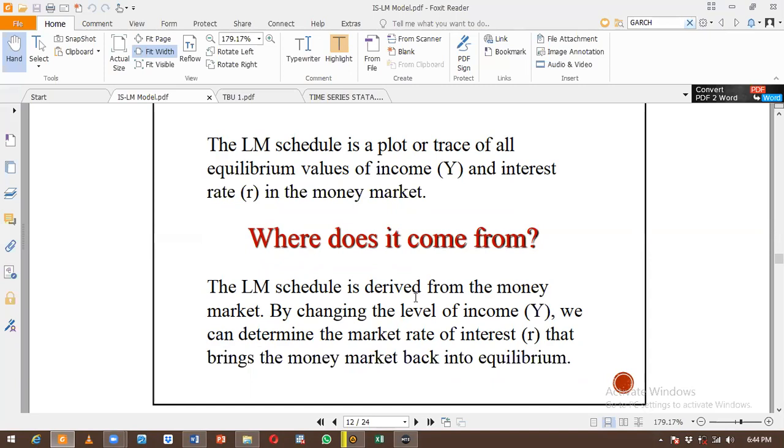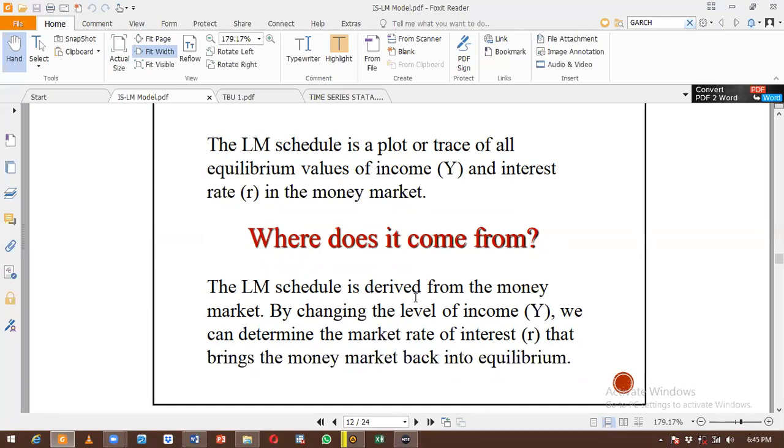So what should be done to bring the market back to equilibrium? When you increase the interest rate, it serves as an incentive for people to buy interest yielding assets, which means they will be demanding less money to restore equilibrium. Or you can say that when there is excess demand for money, people will try to get rid of the money. How do they do that?